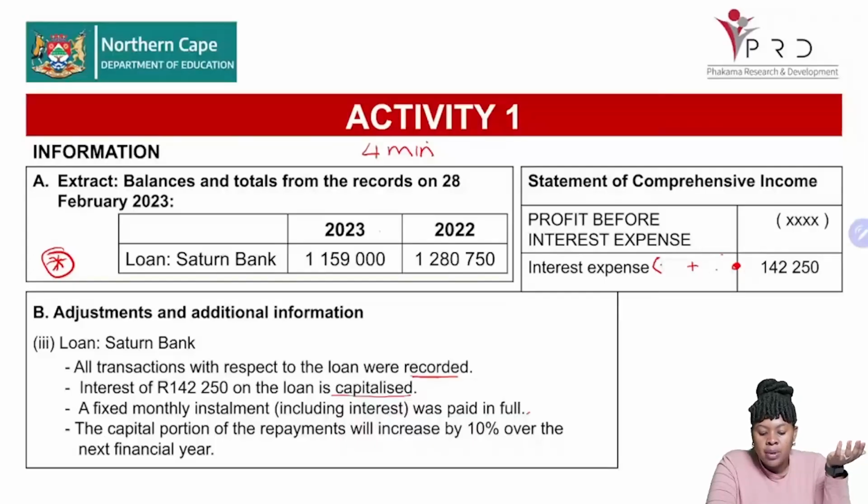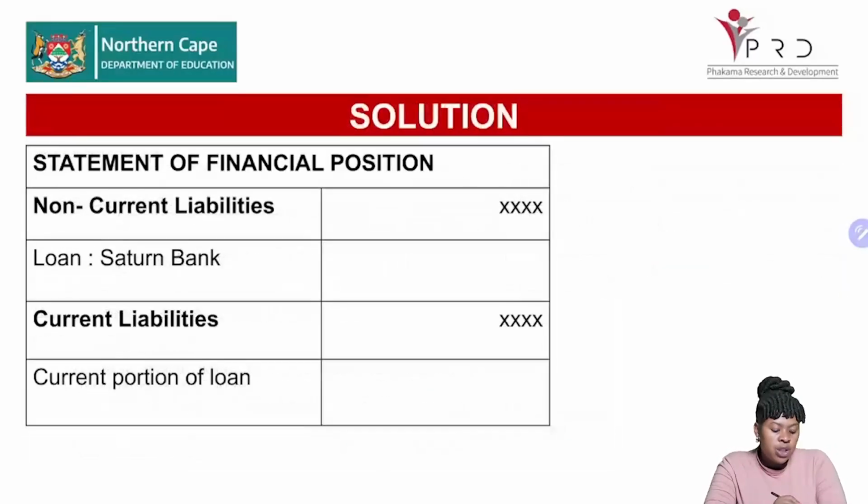So you would have that calculation over here, and then you would write the final amount. But in this instance, this is the only interest they've spoken about. So we'll quickly just put it in the interest expense column in our statement of comprehensive income. Now let's quickly get to how we would actually show it in our statement of financial position.